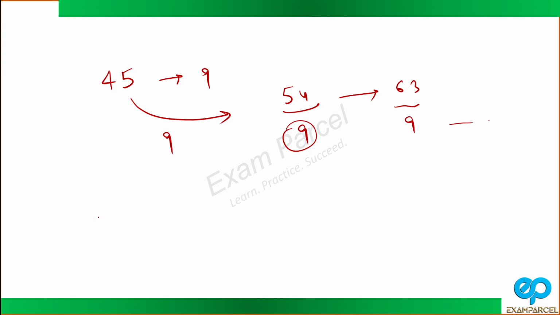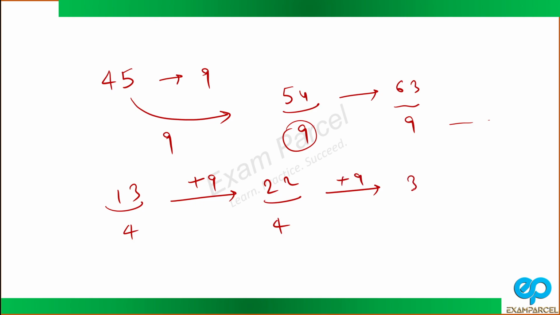Now let's say I take a number 13. The digital sum is 4. If I add 9, I will get 22. Again the digital sum is 4. If I add 9, 31. Again the digital sum is 4. If I add 9, again 40. Again the same digital sum. So digital sum and 9 are very peculiar things. These form a pattern.